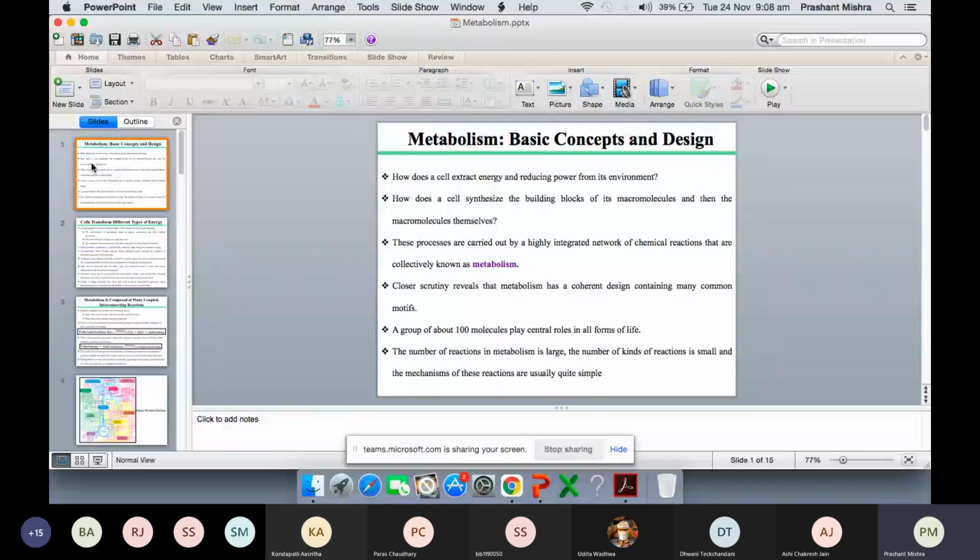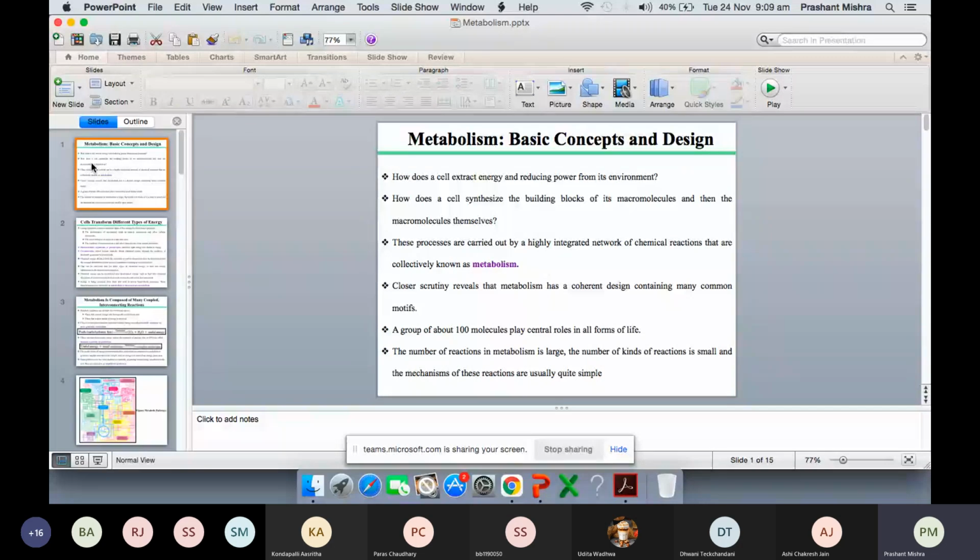Approximately 100 molecules play a central role in all forms of life, from microorganisms to higher organisms. These are some 100 molecules playing an important role. We have talked about four macromolecules, but there are other molecules. If I compare organic chemistry and biological chemistry, you find that there are thousands of organic molecules and they are carrying out different reactions.